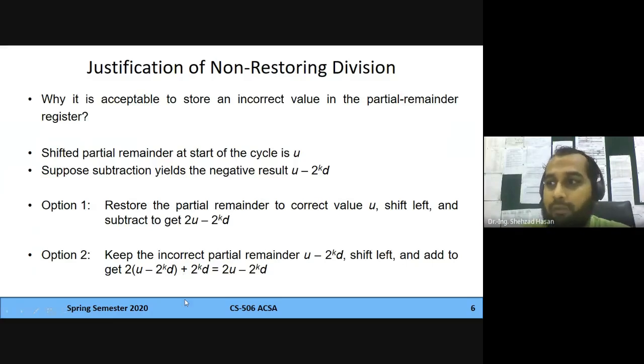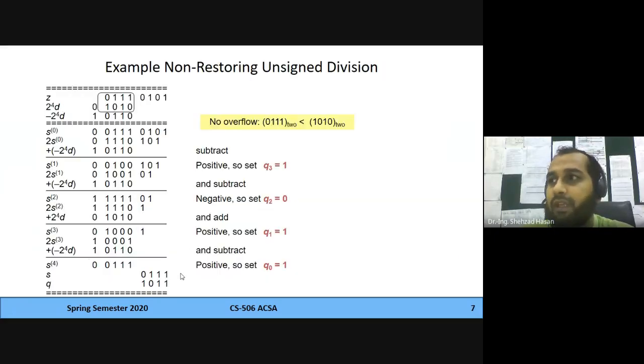So that's not a problem. The problem was that particular load. We were talking about either to load the register or not to load the register. That problem has been resolved in non-restoring division. So we are always going to load, and we are not waiting for step number 4. This means our clock cycle can be lowered down and made faster. So non-restoring division is going to be faster than the restoring division algorithm.